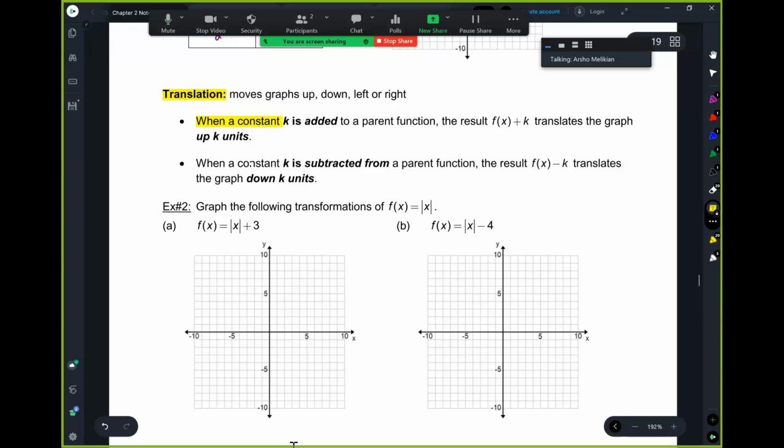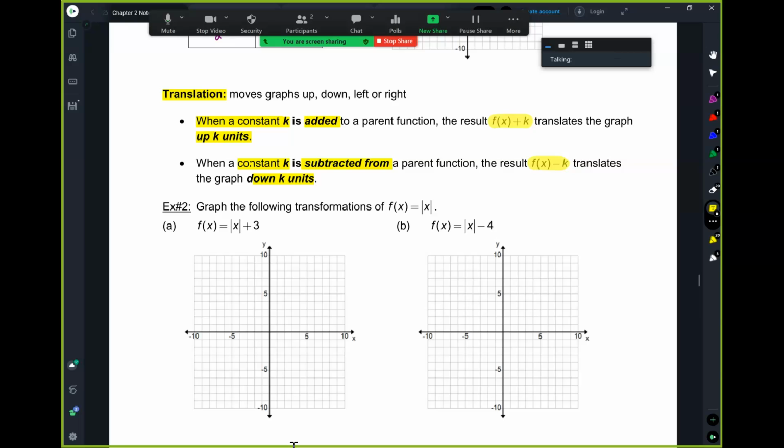When a constant k is added to the parent function, the result becomes f of x plus k, and the graph moves up k units. When you have a constant k subtracted from a parent function, the result becomes f of x minus k, and it's translated down k units.